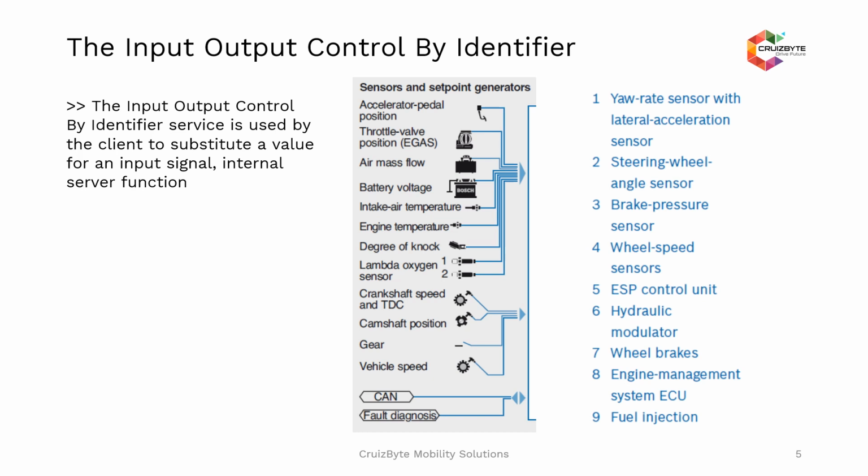Even then, with the help of specific data identifiers, you can replace those values. So either you can directly override the input signal with a DID, or an internal server function can also be replaced with external diagnostic tester DID values. On the right hand side, these sensors are listed just for your reference.